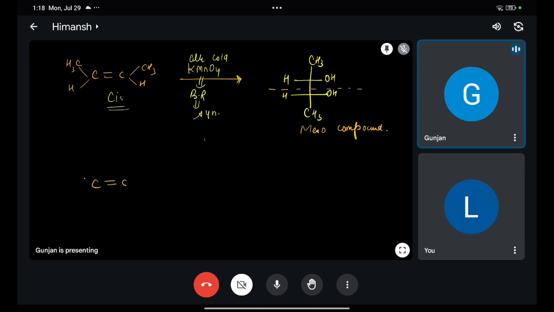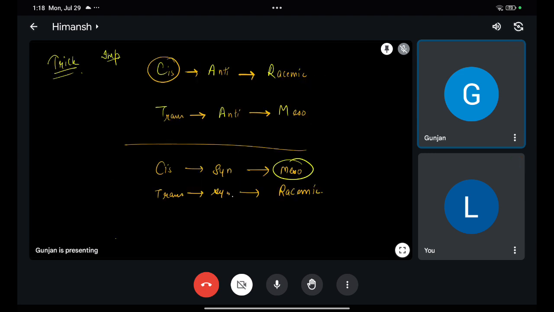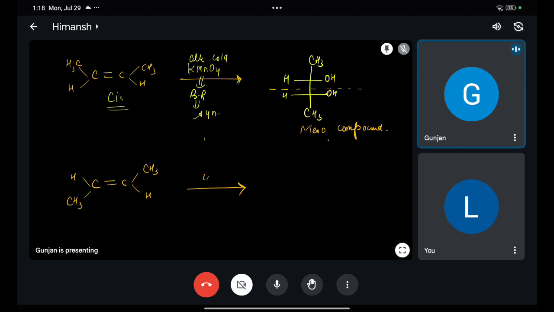And if it is trans, let's say, and you do the same thing. For trans with syn addition, a racemic product is formed, right? How to form that racemic product?